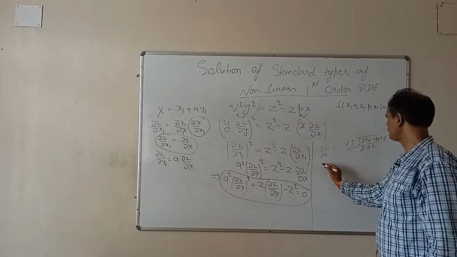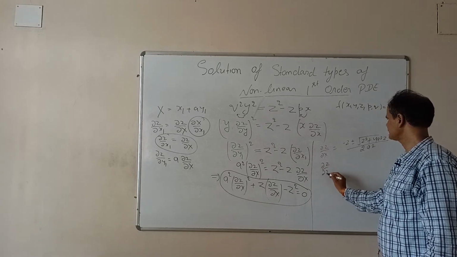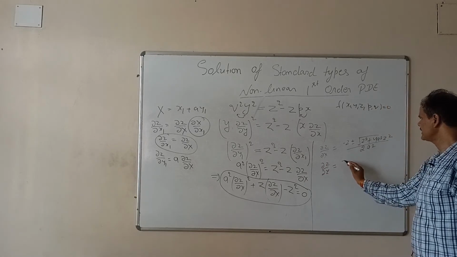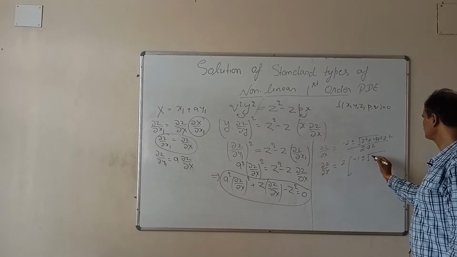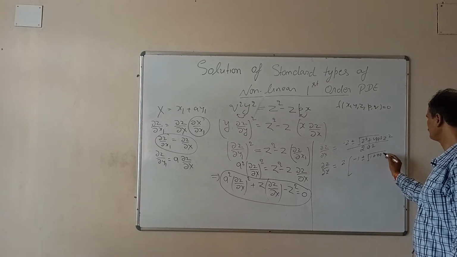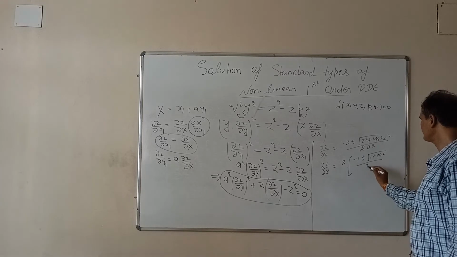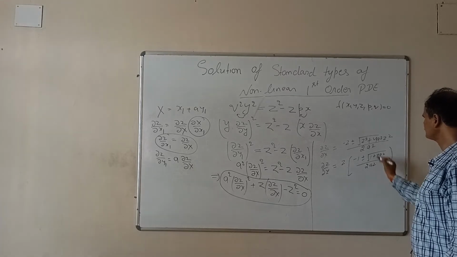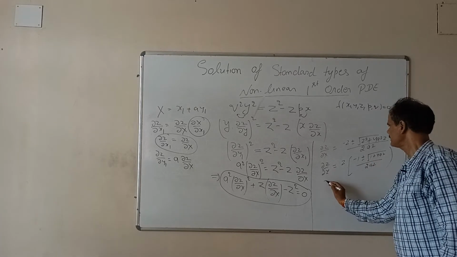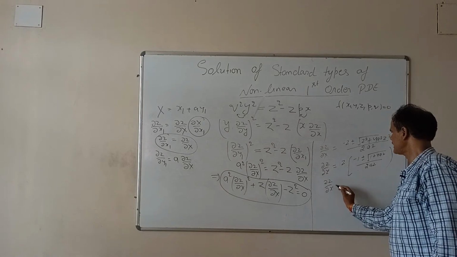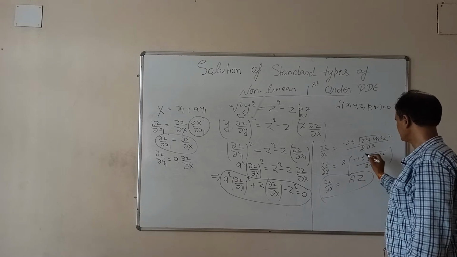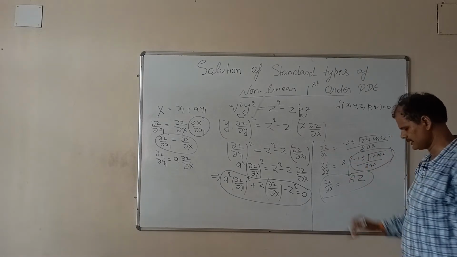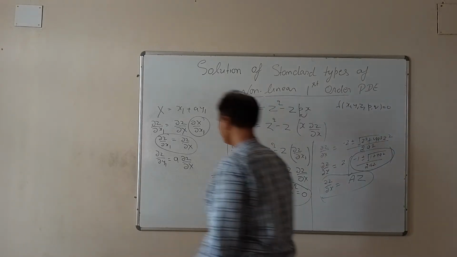Here z we can take common, so dz by dX equal to z times (minus 1 plus minus root of 1 plus 4a square) divided by 2a square. So this is one constant. I can write dz by dX equal to Az, where capital A is this whole constant. Fine. So what are we getting finally?